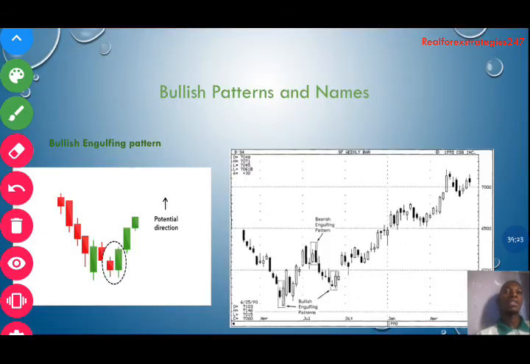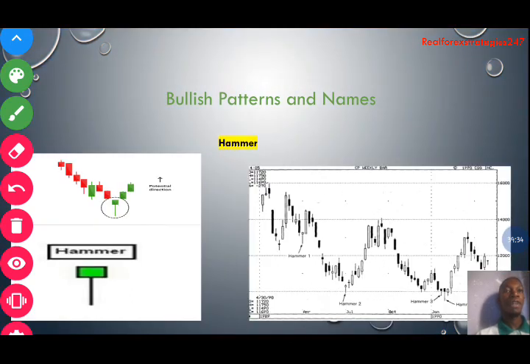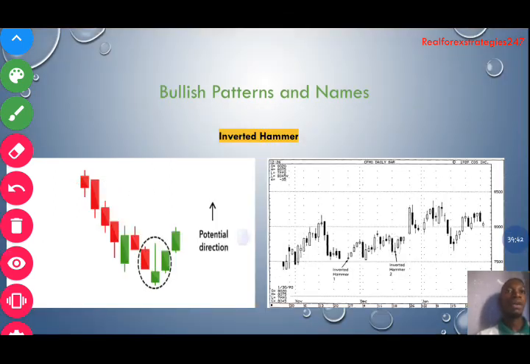I talked about the bullish engulfing pattern; you can only find it on a support area. I also talked about the hammer, which you can also only find on a support area, and the inverted hammer, also at a support area.